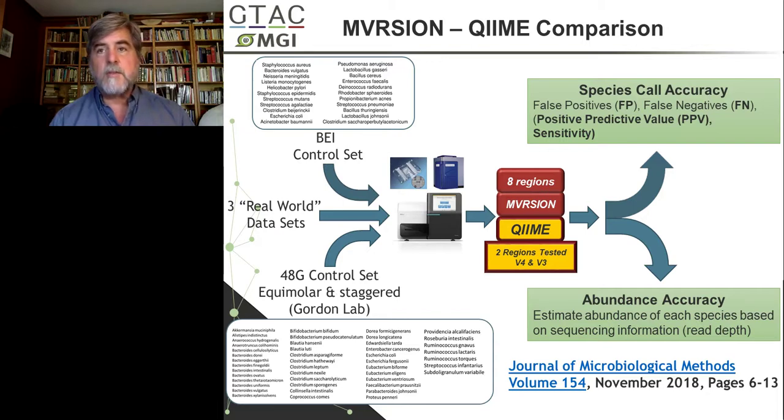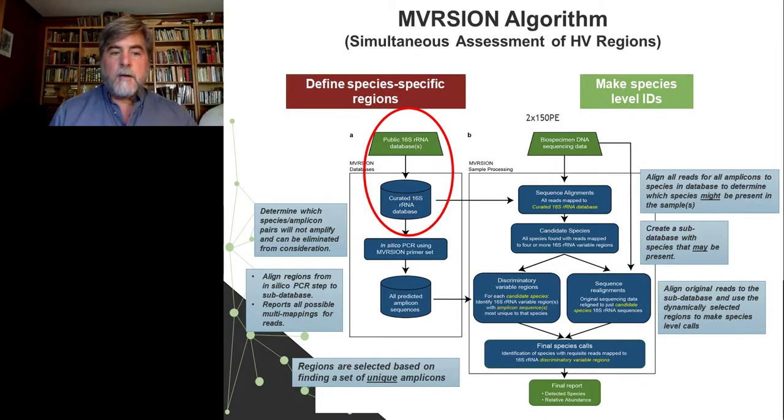The idea, though, is to be able to simultaneously, in parallel, look at all 8 hypervariable regions and use them to make species-level calls in your data. These slides are available, I believe, if you need them, so please don't try to write down what I'm saying. So what we have here is different steps going along at the same time.